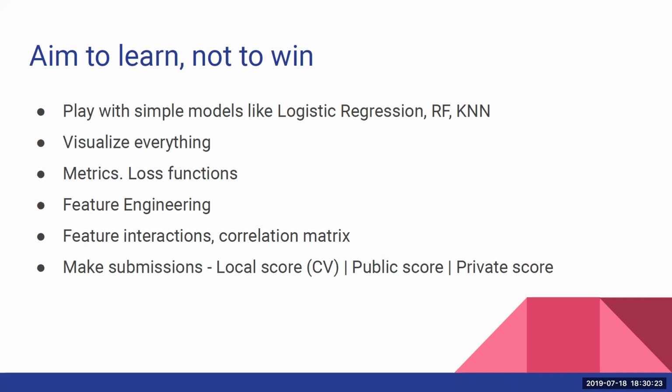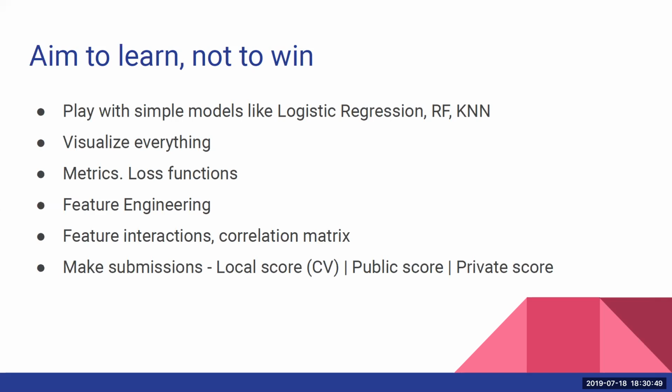It is what you can see all the time. It is based on some portion of your data, and the private one will be available to you only after the end of the competition. But the local score and the public score are what you can play with all the time to see the differences, to see how you can adjust your local score a little bit to get some improvements in the public score.